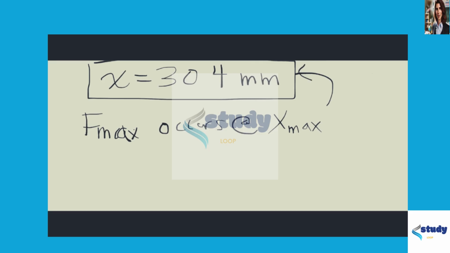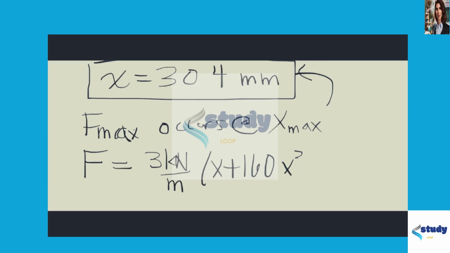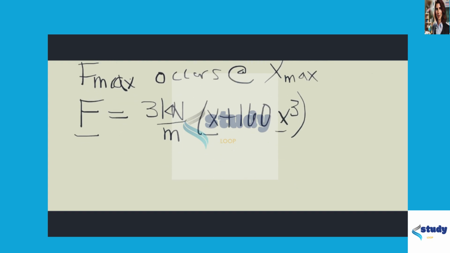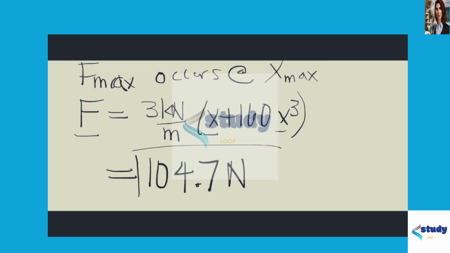So to recall, the force in this nonlinear spring is equal to 3 kilonewtons per meter times x plus 160x cubed. And you can see just from this expression that maximizing this x maximizes the force. So by plugging in the x max that we have, we simply get an answer of 104.7 newtons. And that is our final answer.